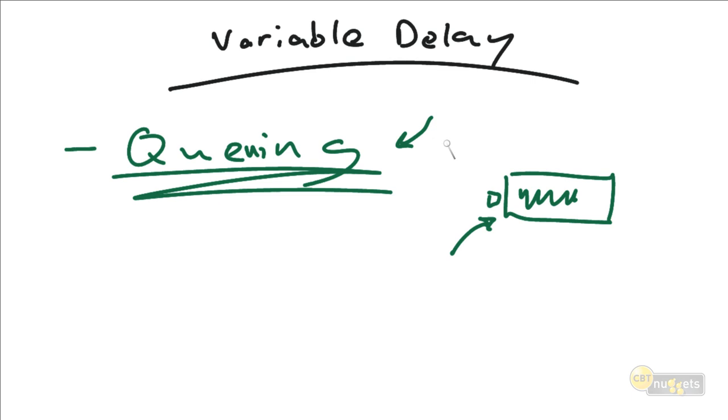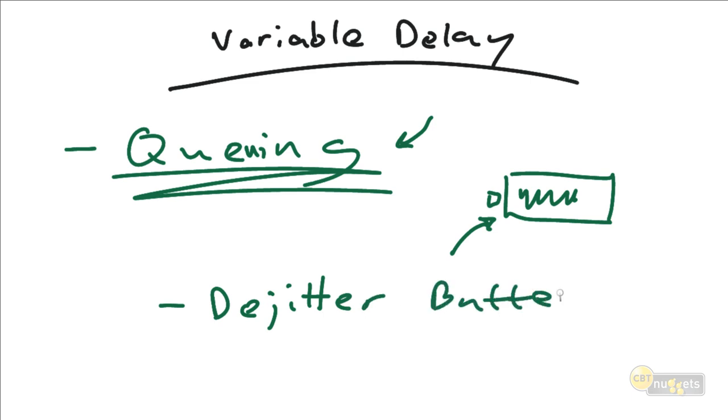I'm going to teach you a whole bunch of solutions for this variable component of queuing delay in this particular CBT nugget, but suffice it to say, we have a real potential problem on our hands here. One of the solutions implemented to help with this is something called de-jitter buffers.